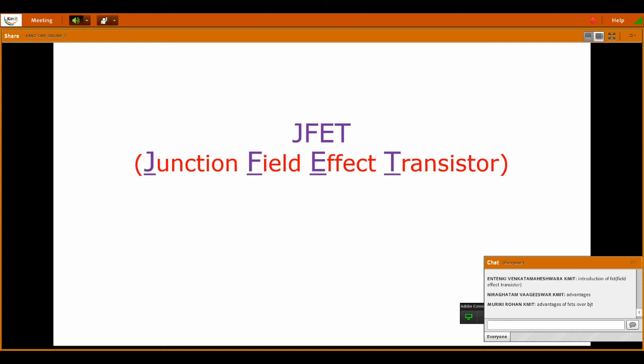Can anybody tell me the advantages of FET over BJT?